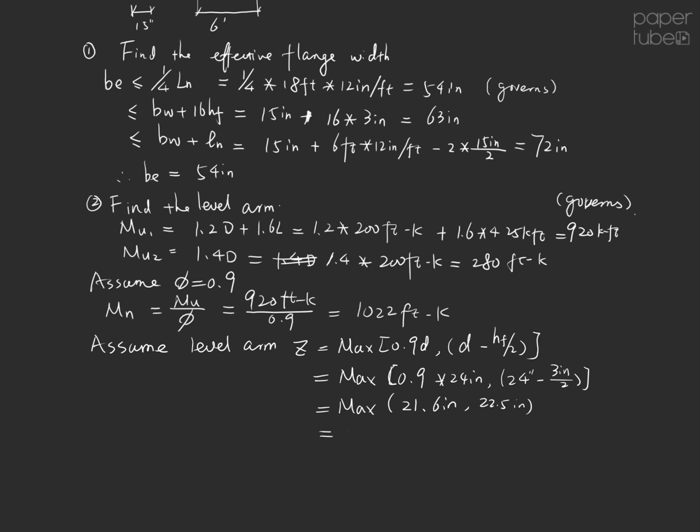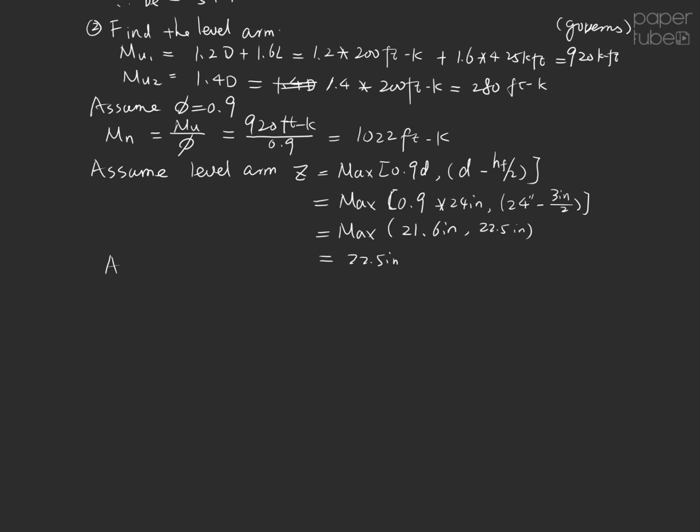Therefore, your Z is 22.5 inch as the starting point. And with this, your AS is equal to Mn divided by Fy times Z, that is 1022 kip-feet times 12 inch per foot divided by 60 ksi times 22.5 inch, that is 9.08 inch squared.